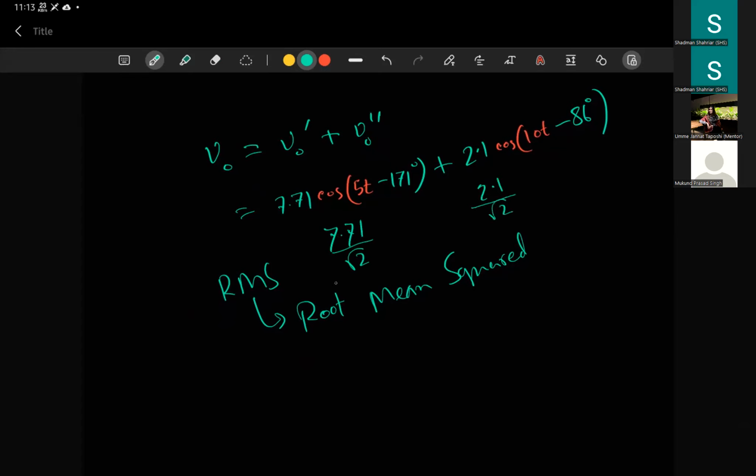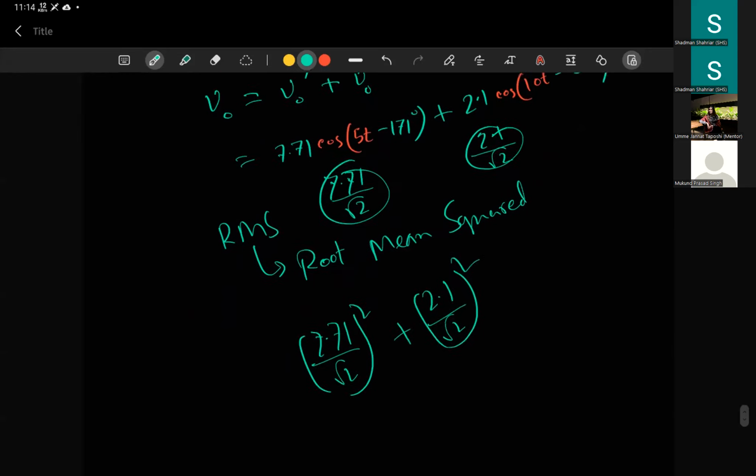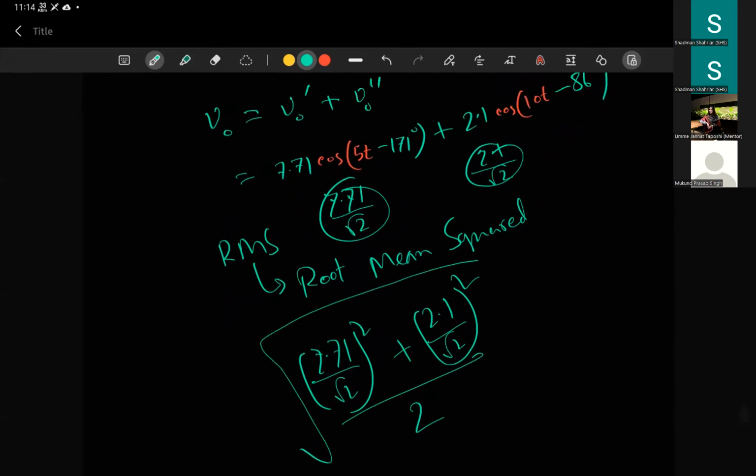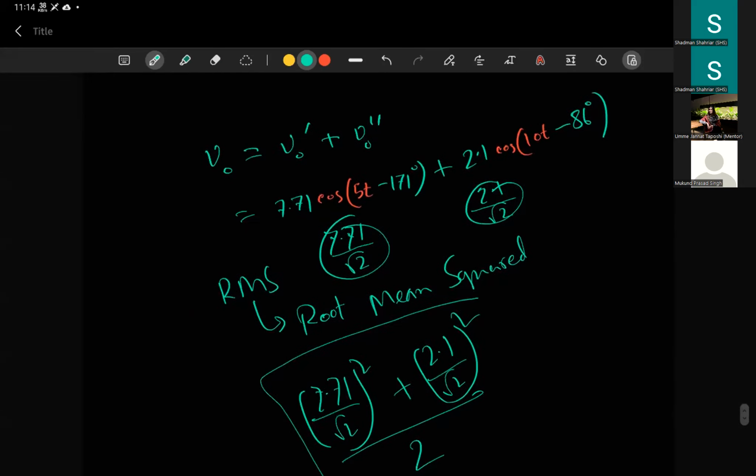But if you have both of them, you have to take the root mean squared value. That means 7.71 by root 2, you have to square them first. Then you have to take the mean. You have two values here, so you divide by 2. Then you take the root of them. But I don't think we'll be asked to find the RMS value if you have a superposition situation.